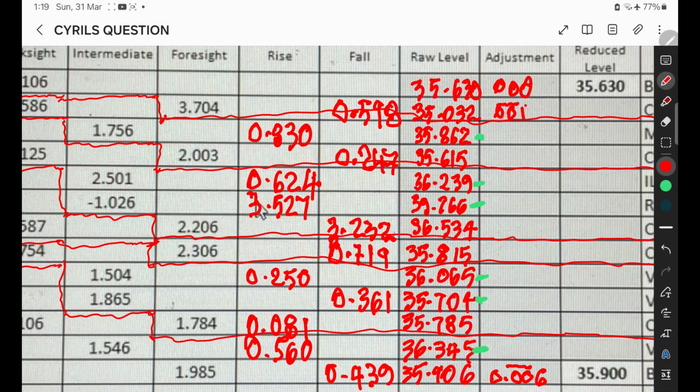I'm just going to show it like that. And then here, minus 0.002, minus 0.003, and then minus 0.004, and then minus 0.005.